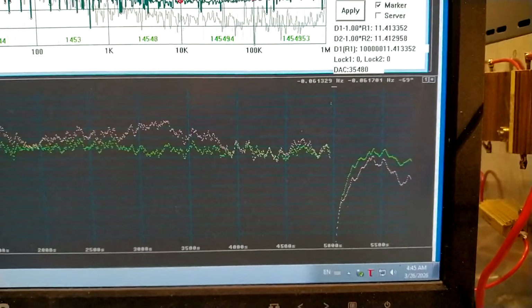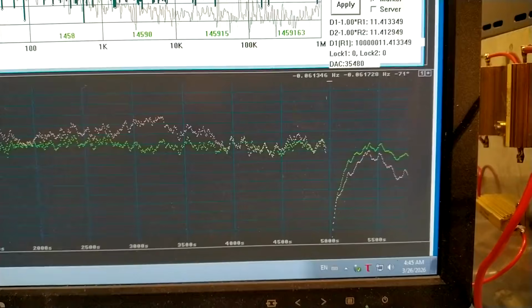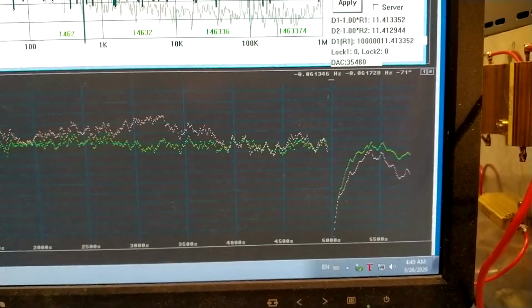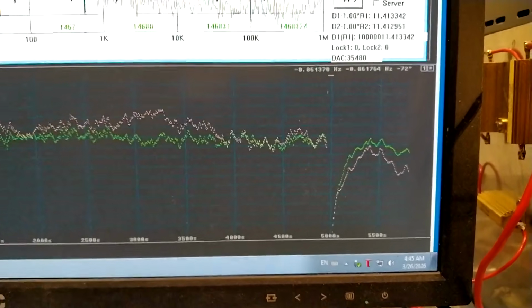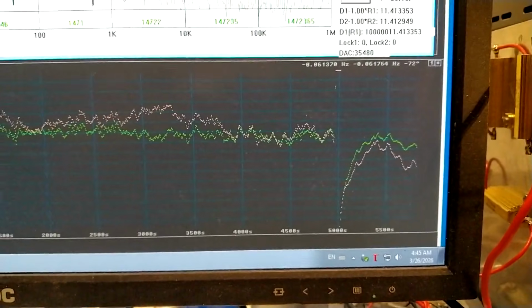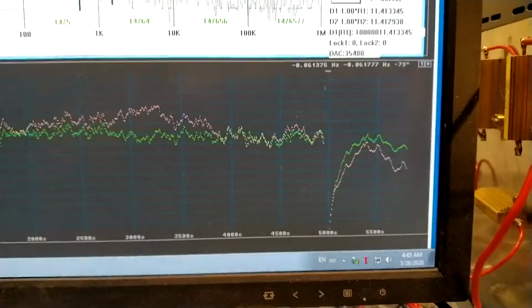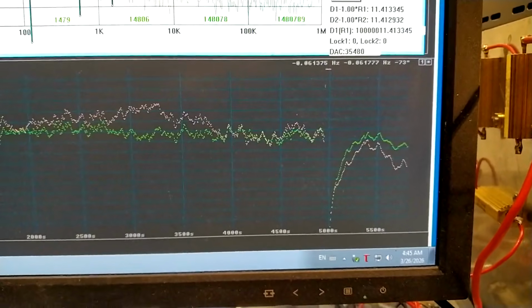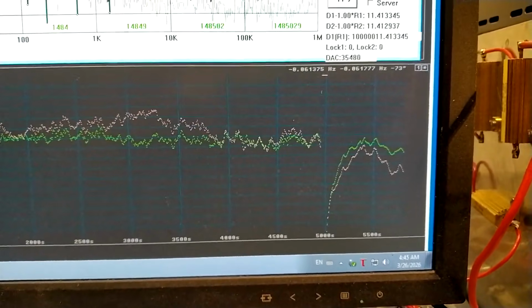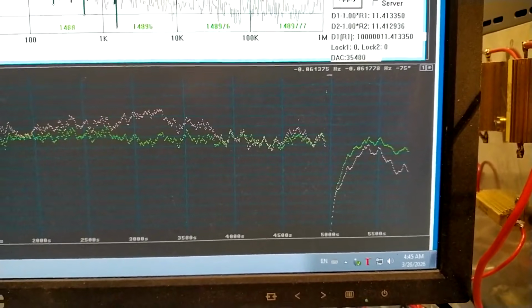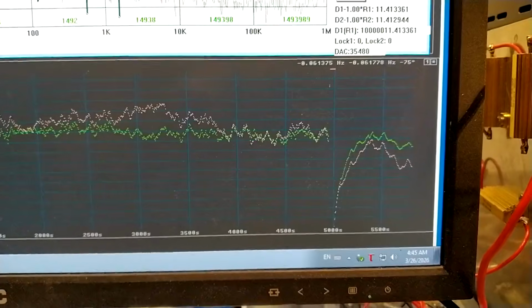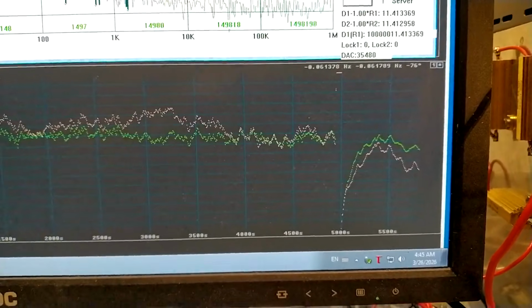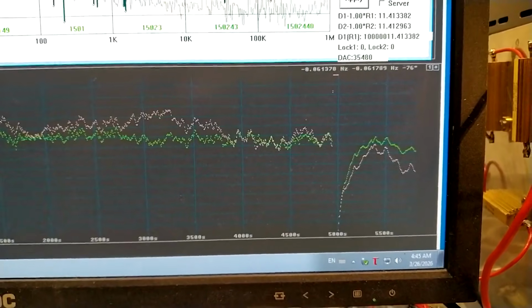Now, I want it to be uncorrelated to the rubidium source, because I want to have two channels that are uncorrelated up to fairly long times, because I'm going to use correlation to dig for instabilities below the instability of these oscillators and the rubidium source.